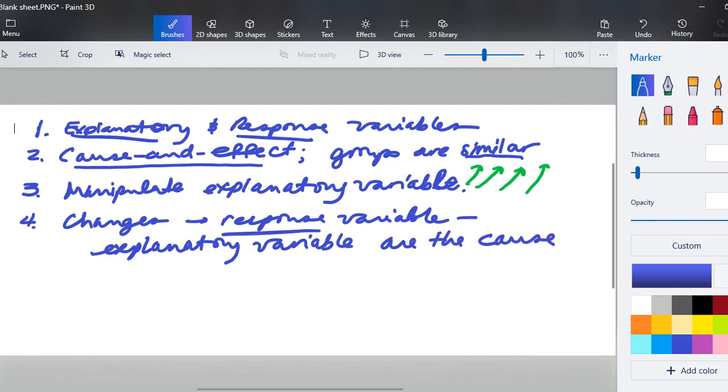Why is the response variable the way it is? Well, because of the explanatory variable.